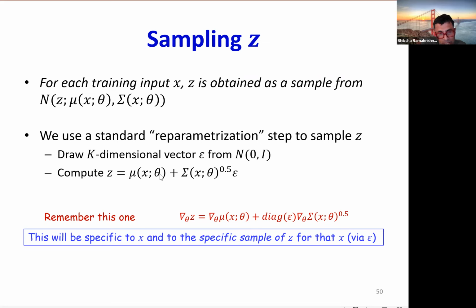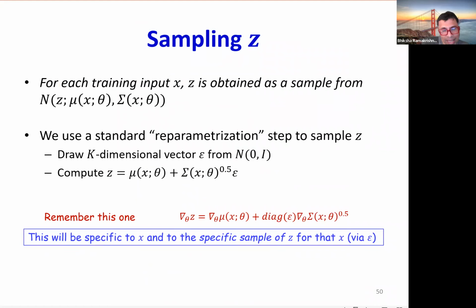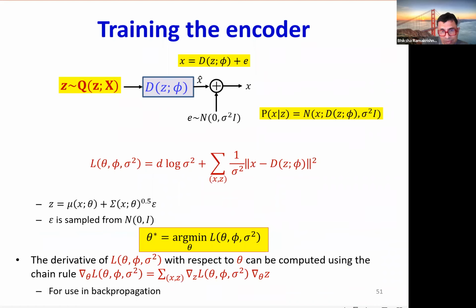Which is the derivative of the mean with respect to theta plus epsilon times the derivative of the square root of the variance with respect to theta, right? That's just applying the chain rule. Oscar, Siddharth, Blaine, Jermaine, is it making sense? Okay, so this is just mechanics. You don't even have to remember it. The point is it's feasible.